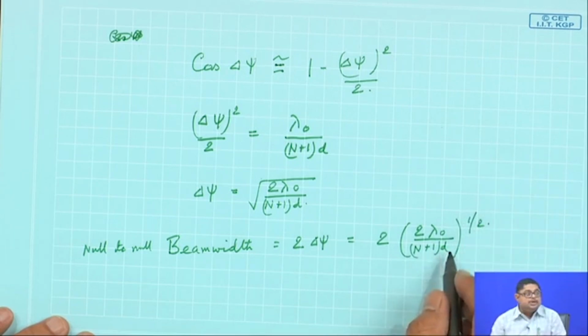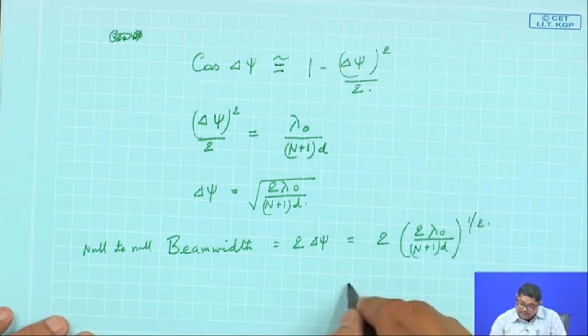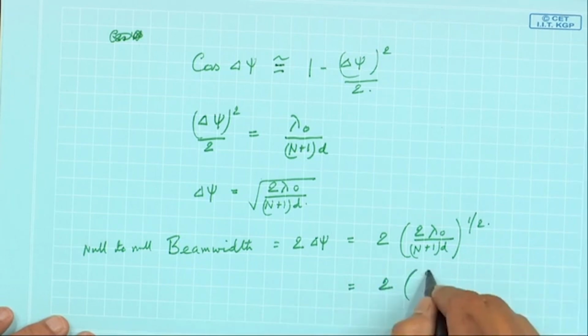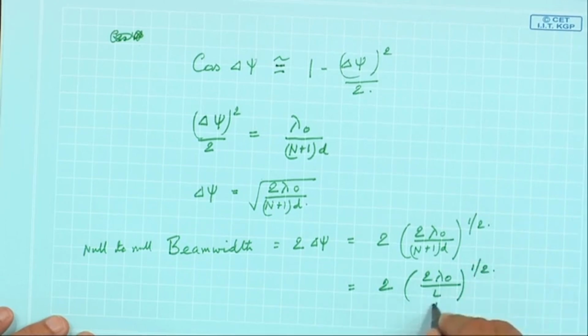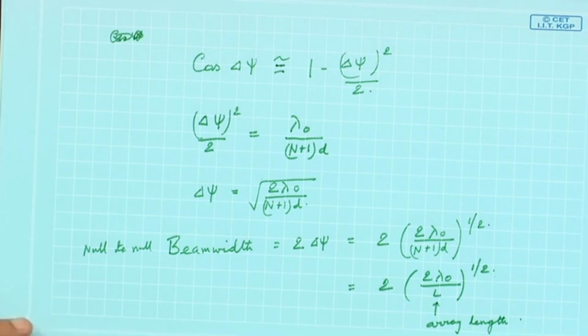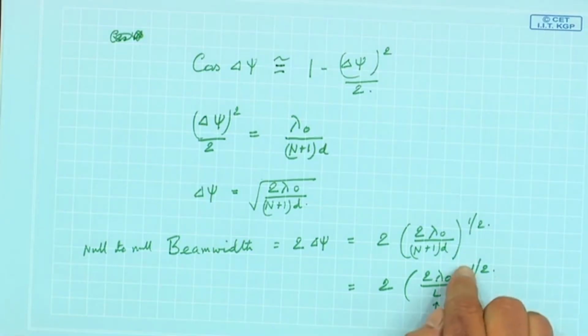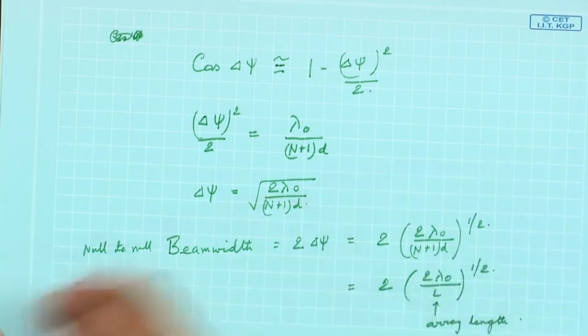Now, n plus 1 into d is nothing but the array length L. So, we can write 2 square root of 2 lambda naught by L. This L is nothing but the Endfire array length. So, we see that beam width of an Endfire array is inversely proportional to the square root of the electrical array length, or array length measured in wavelengths.